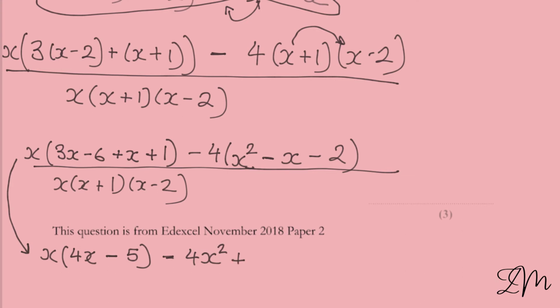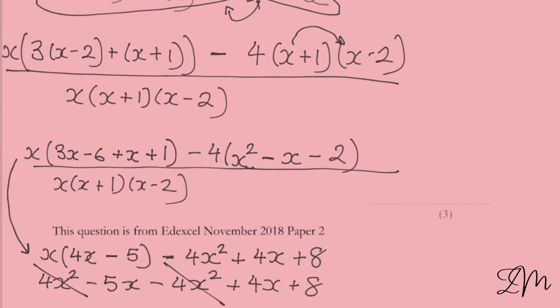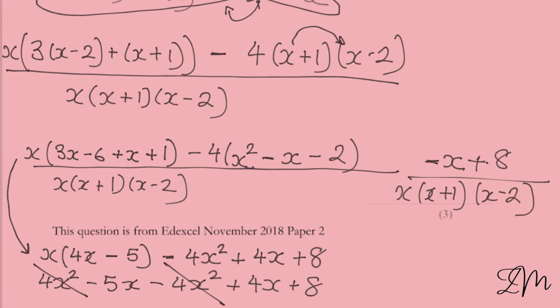Minus and minus make a plus, plus 4x plus 8, and this is just the top, so we get 4x squared minus 5x minus 4x squared plus 4x plus 8. These cancel each other out. Minus 5x plus 4x is going to leave us with minus x, and then minus x, and then we've got plus 8 all over x plus 1, x minus 2. Right, so that's one way to have done it.